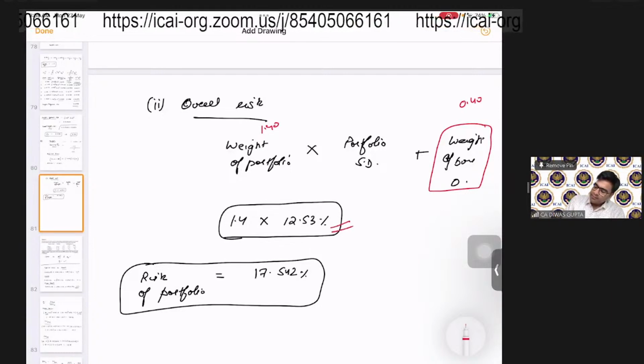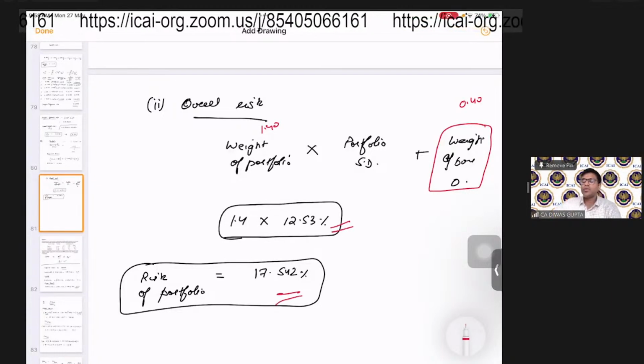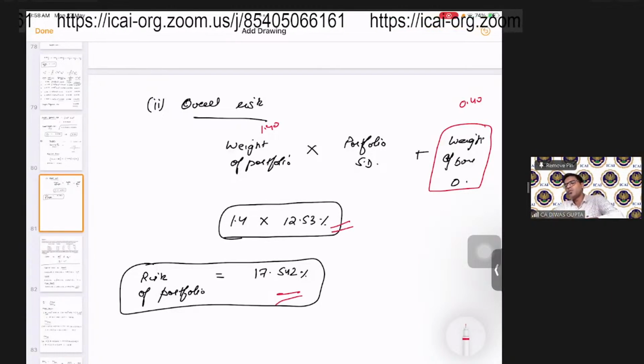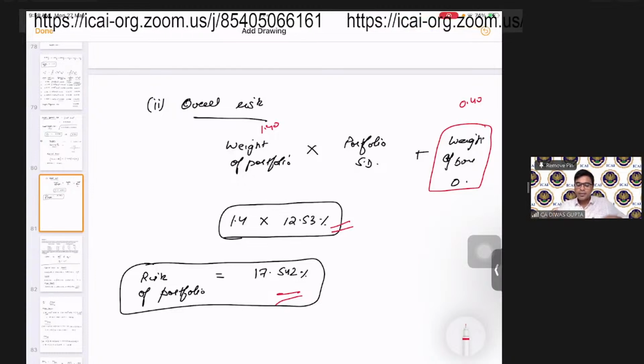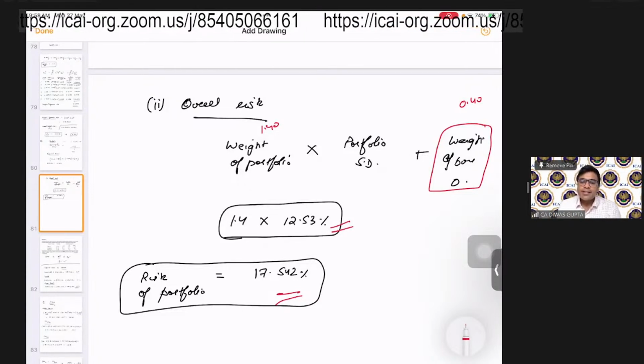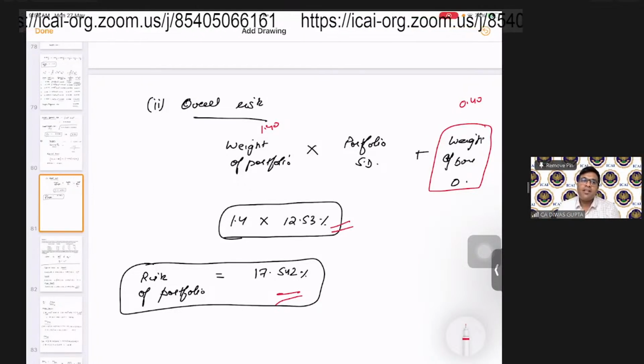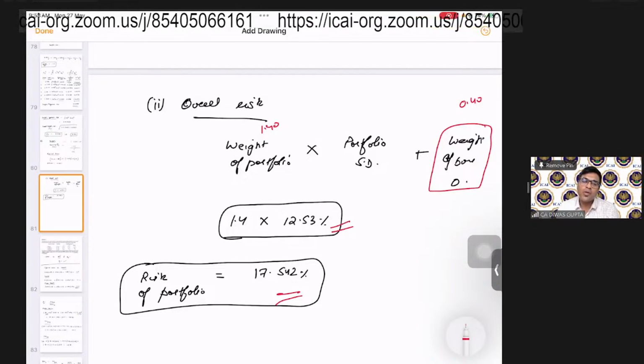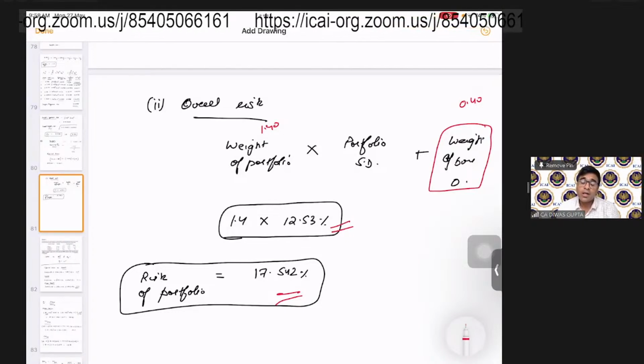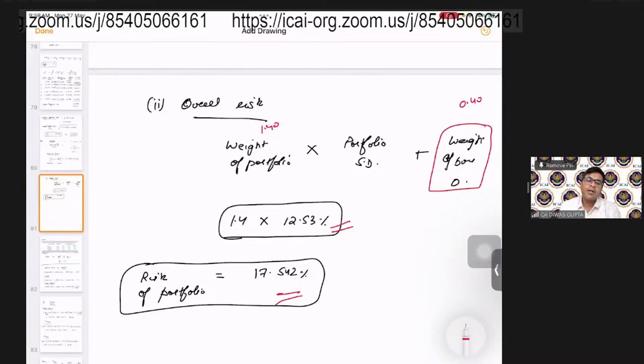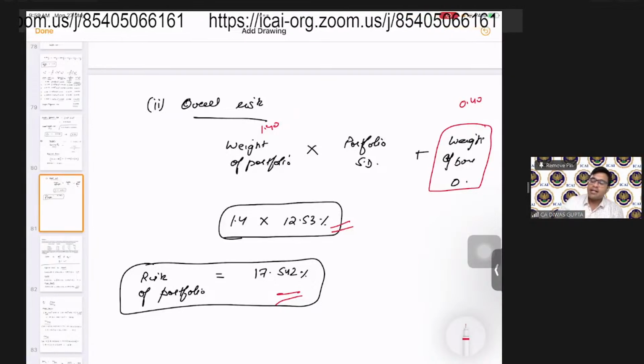So we'll just simply multiply the risk with this weight to arrive at the risk of the portfolio, students. So students, with this, the revisionary aspects of portfolio management and securitization, along with some of the MCQs to test our understanding, comes to an end.